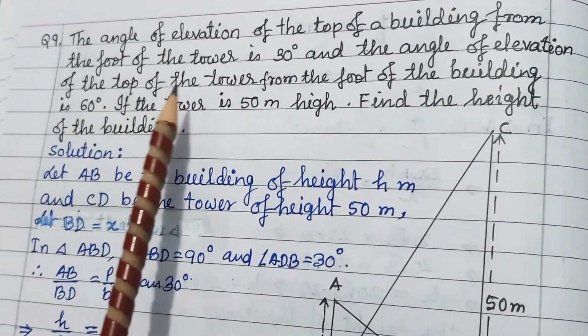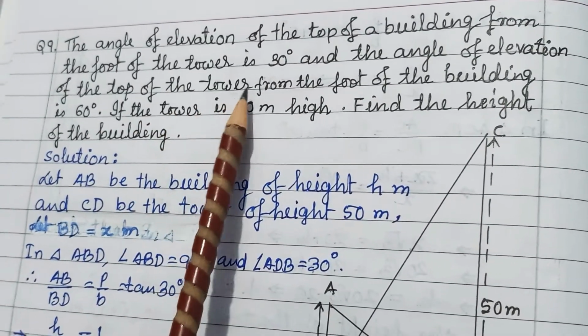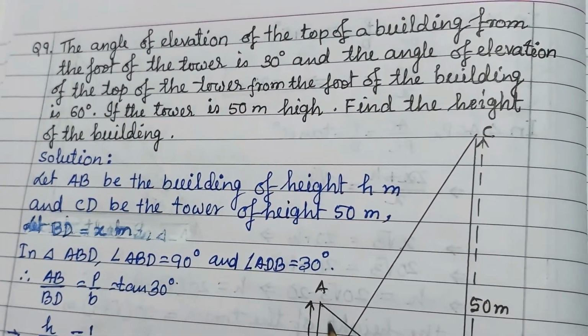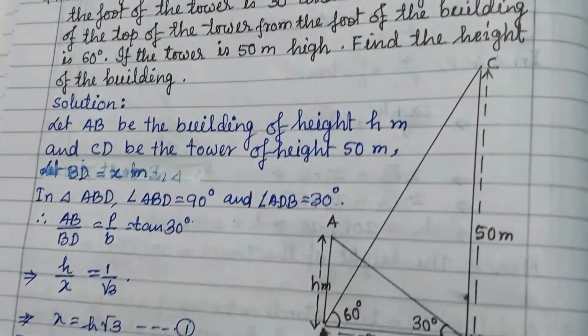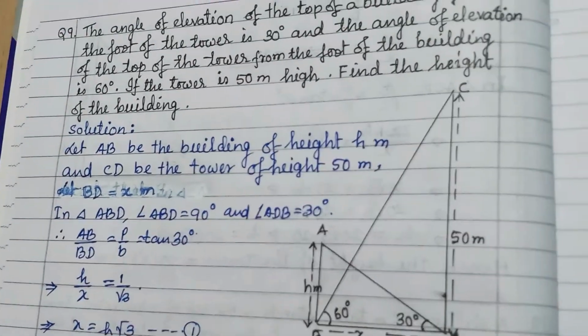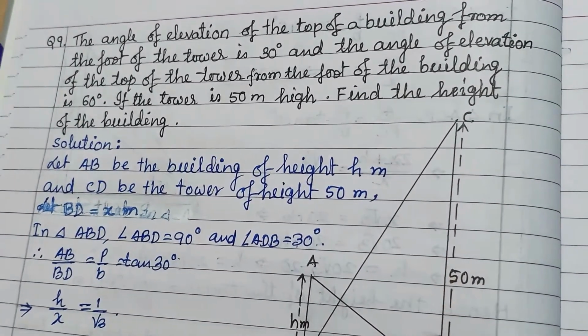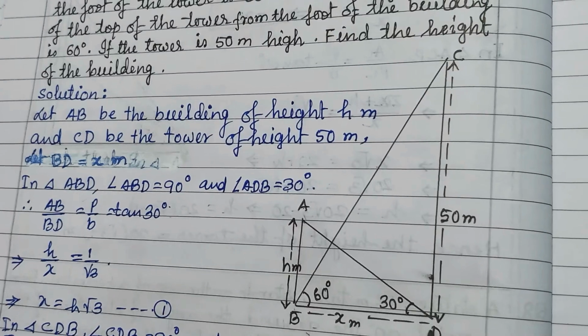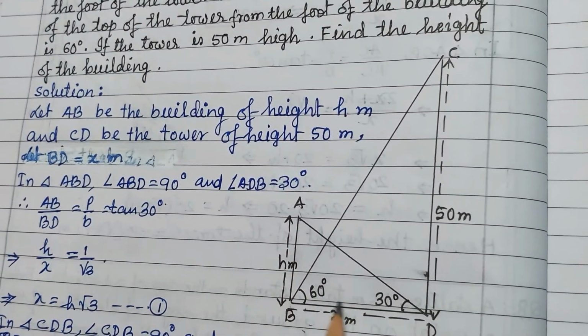question number 9. The angle of elevation of the top of a building from the foot of the tower is 30 degree. AB is the building, and this is the tower CD. The angle from the foot of the tower to the top of the building is 30 degree.